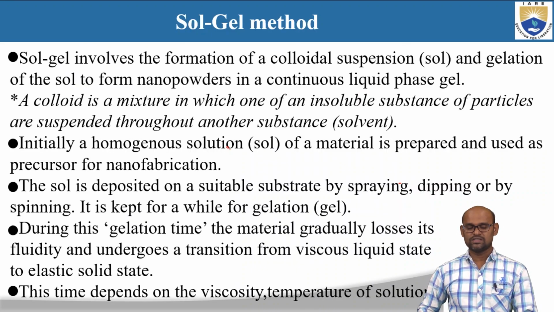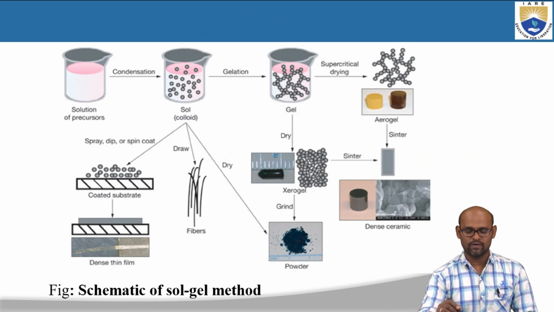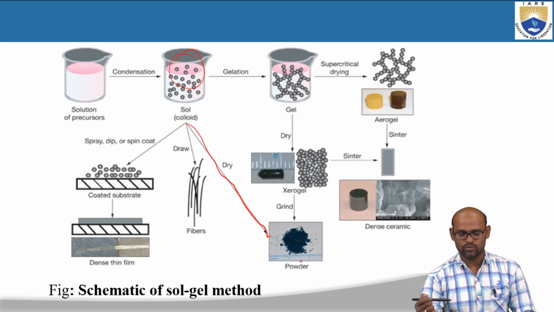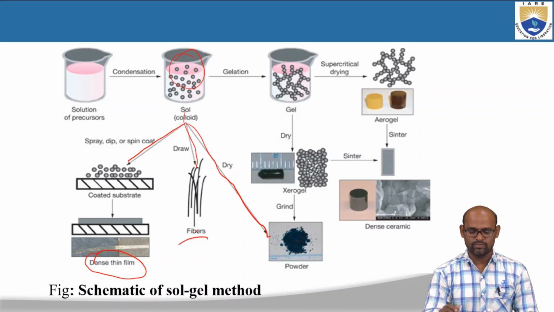Once we get this elastic solid state, we can get different types of materials. For example, once we have this colloidal solution, you can directly dry it to get nanopowder, or you can spin or dip it on a substrate to get a dense thin film, or you can draw the solution to get fibers.